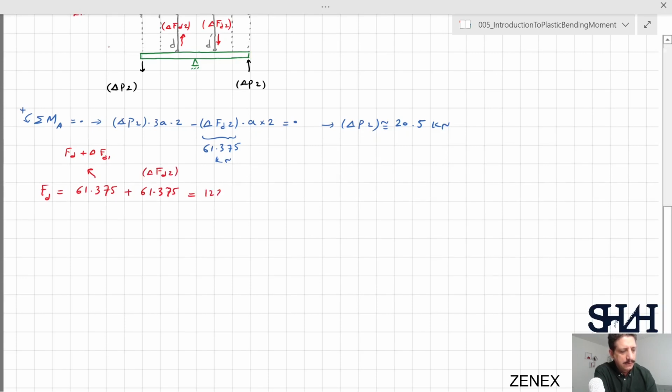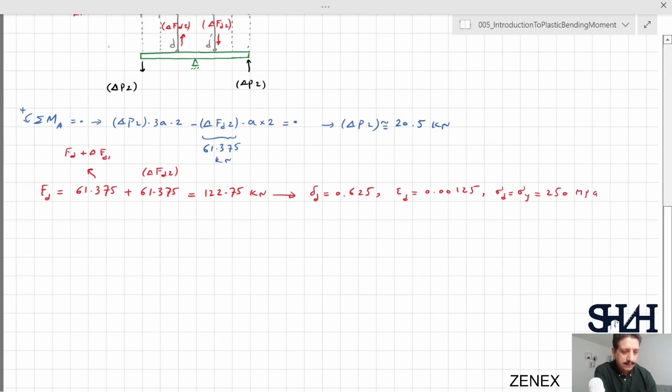Now it is 122.75 kilonewton. And now delta D should be 0.625, or epsilon D should be yielding strain, which is 0.00125, and sigma D should be sigma Y, which is 250 megapascal.